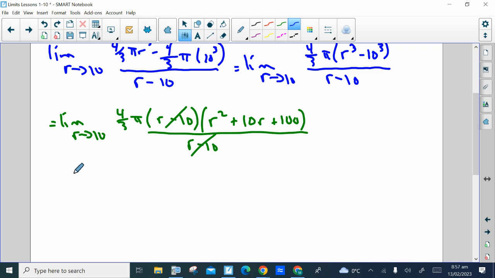We can now evaluate this when r equals 10. So it'll be 4/3 pi times 10 squared, which is 100, plus 10 times 10, which is another 100, plus another 100. So that'll be 4/3 pi times 300.